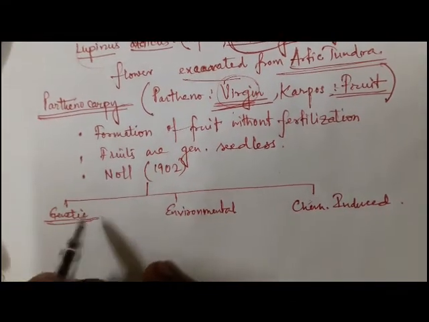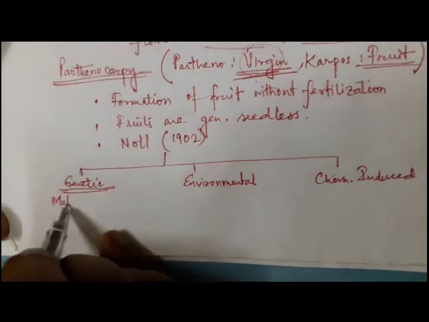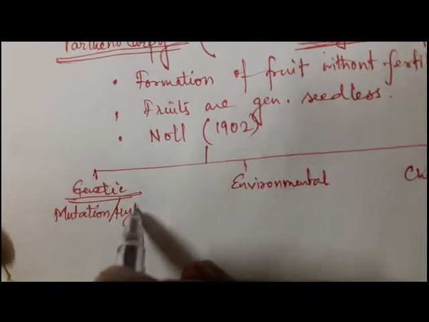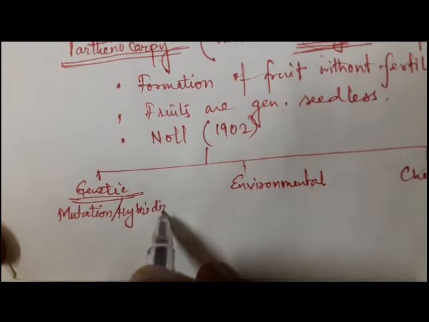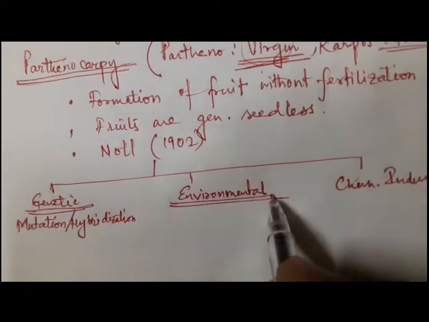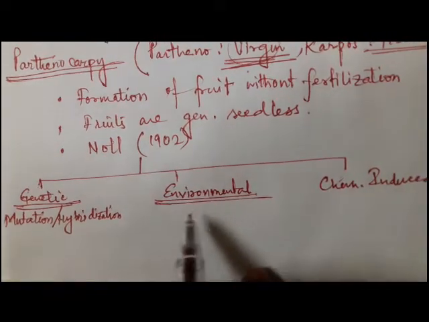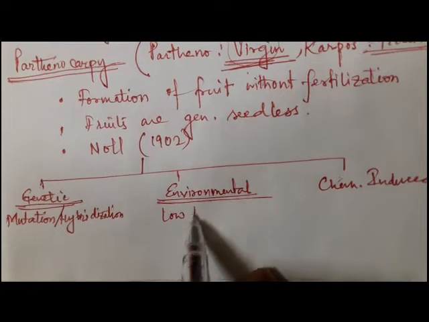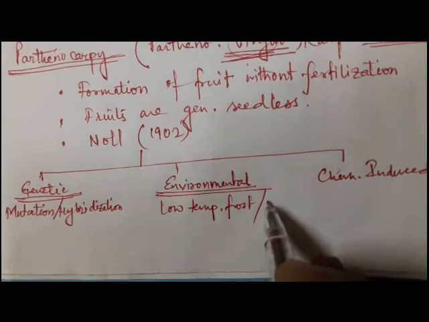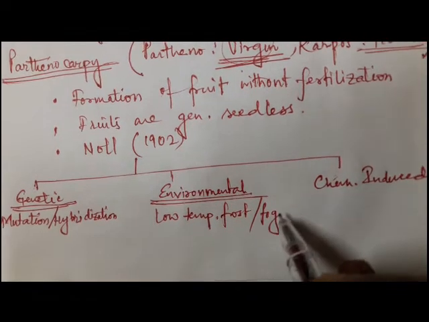Genetic is where it can take place due to mutation or hybridization. If we talk of the environmental method, that is maybe because of low temperature, frost, or fog, right?